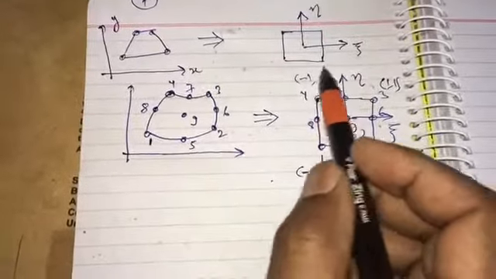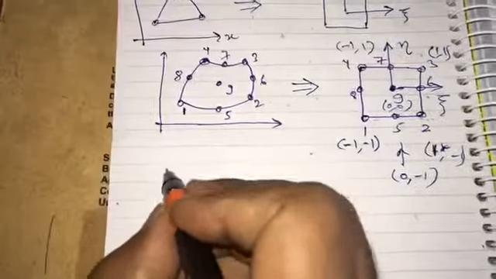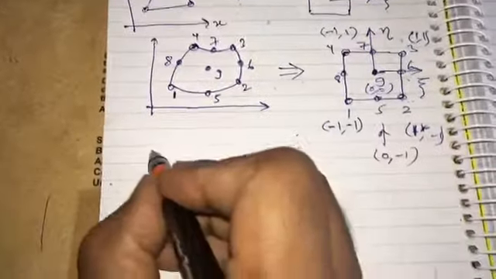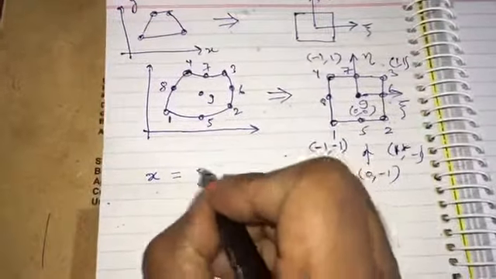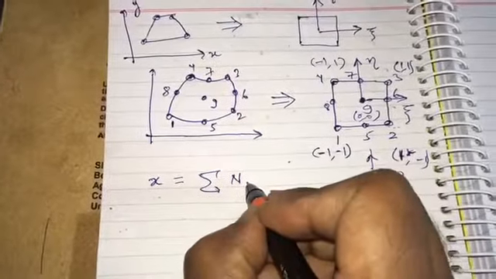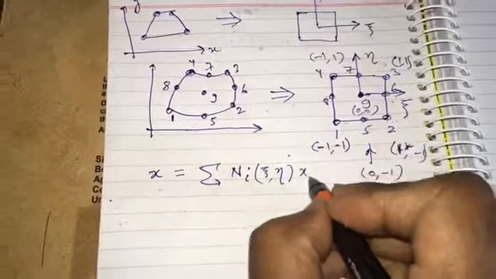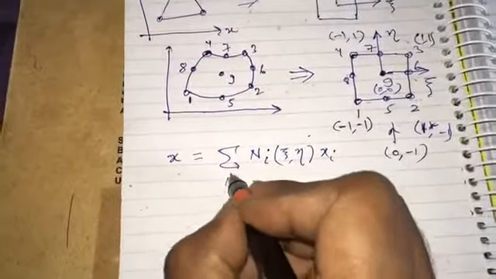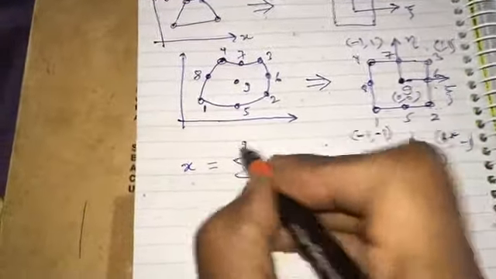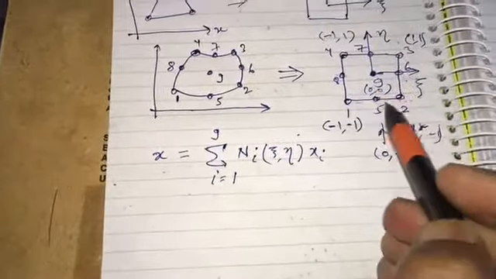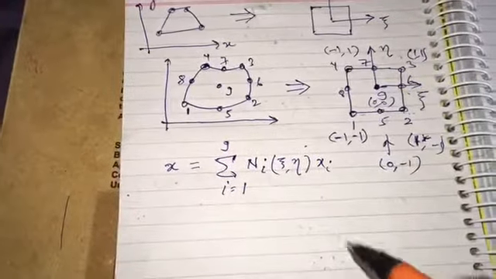So we'll do a transformation here. What we have to find out is x will be given as summation of Ni(xi, eta) multiplied by xi, with I equal to 1 to 9, because there are 9 nodes, so we can write like this one.